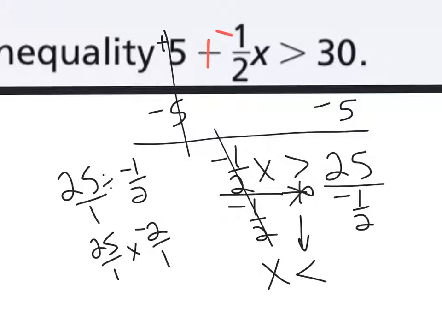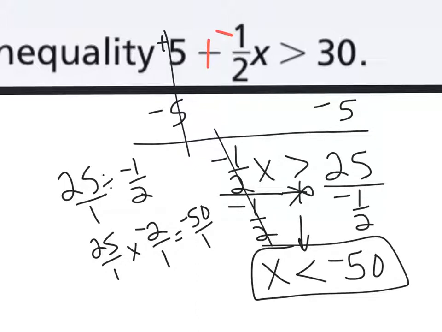If you want to put the negative up with the numerator, when you multiply, that'd be negative 50 over 1, which is the same as negative 50. So x is less than negative 50. If they ask you to graph it, it would be an open circle at negative 50 going towards the left.